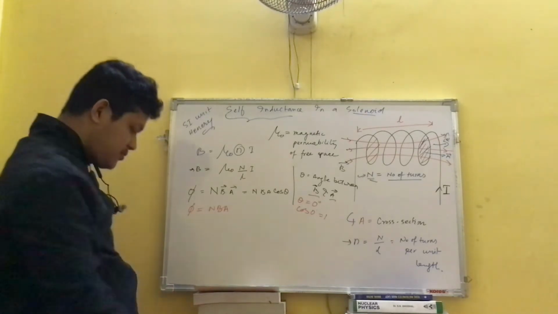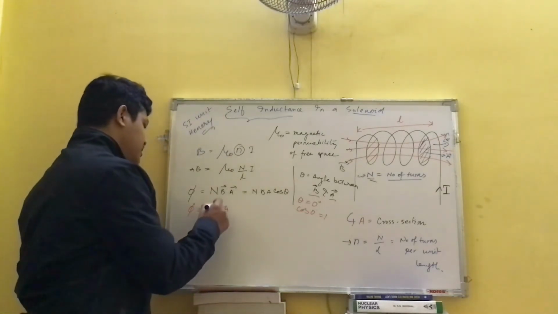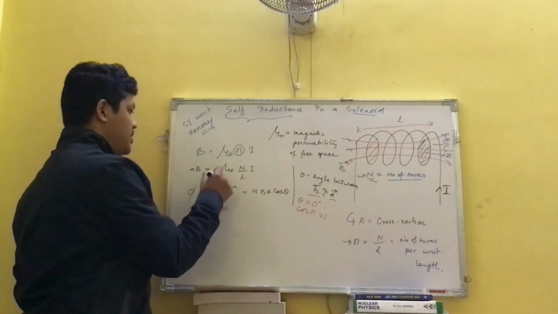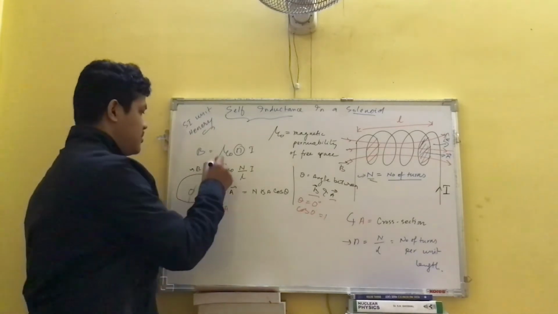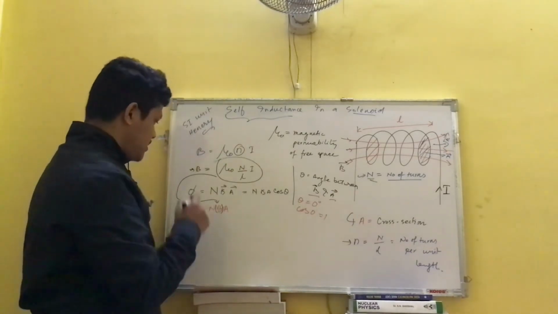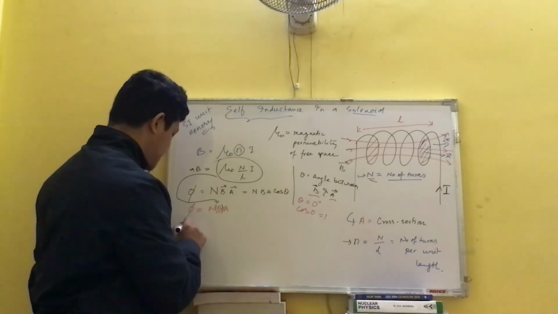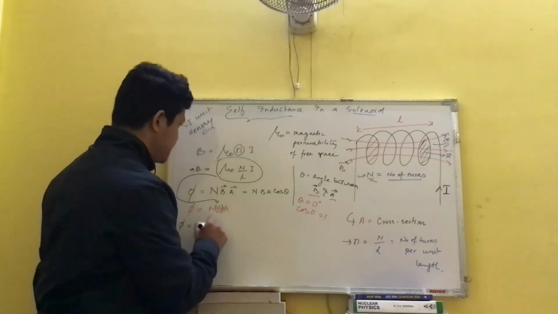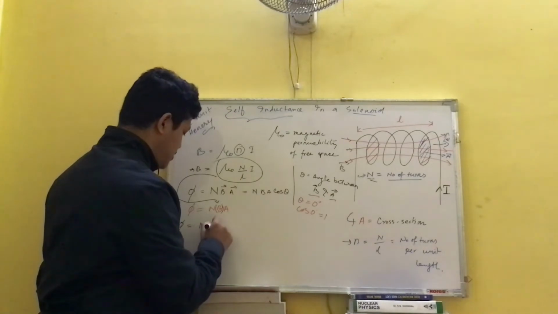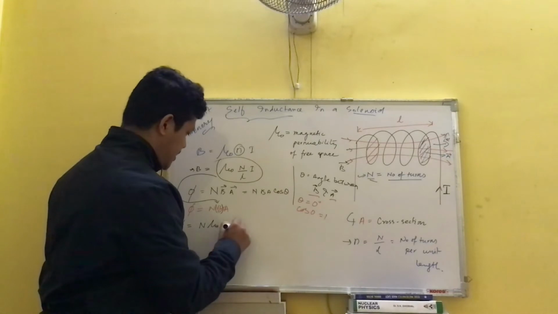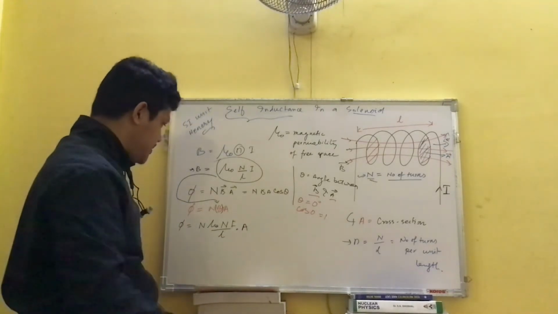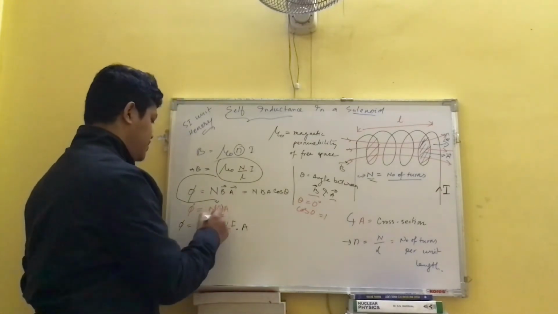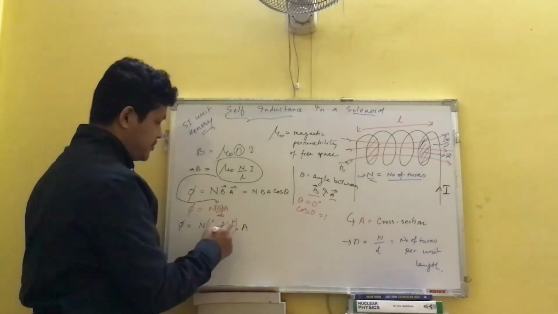Now replace this B by this value. So phi is equal to n mu naught n I by L into A. Here instead of B we have put this value.